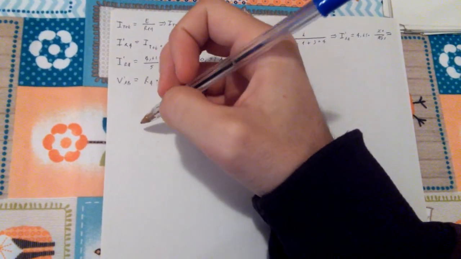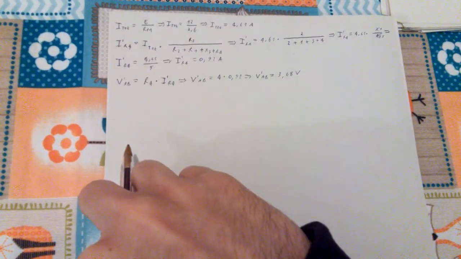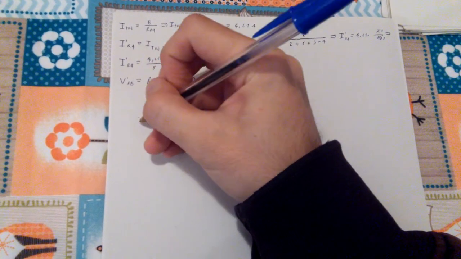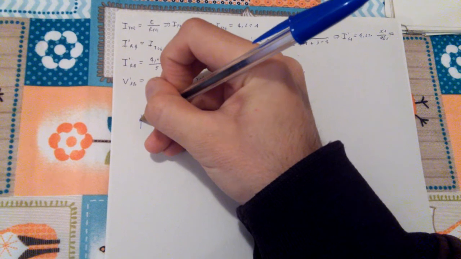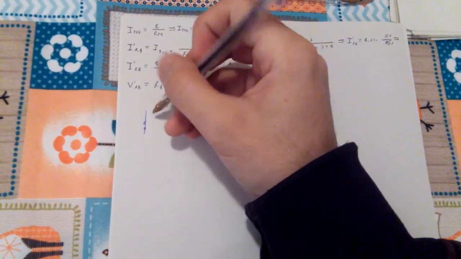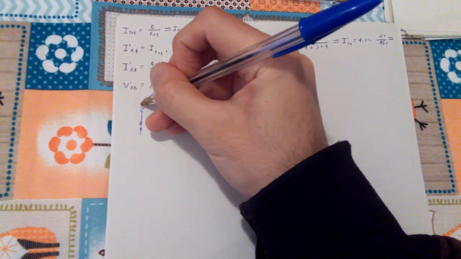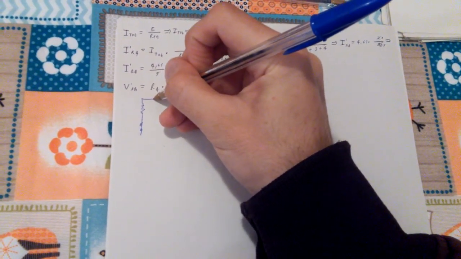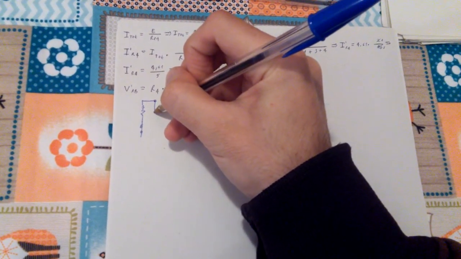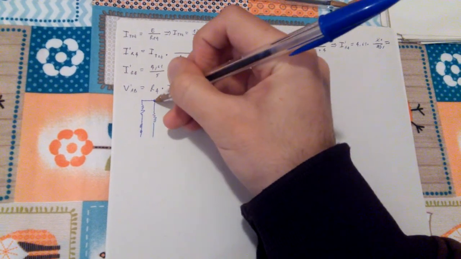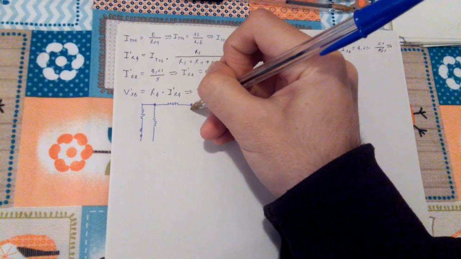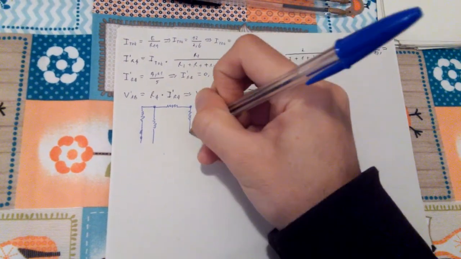Now, if we consider only the generator of current, as I said, the generator of voltage is gonna become a short circuit. So there's not gonna be anything here, just a straight line. Then we're gonna have the resistance just like before. Then we had the resistance here. Here we had another resistance. There was another resistance here.